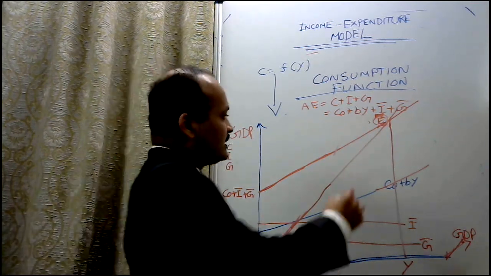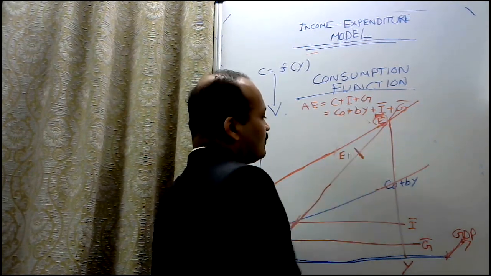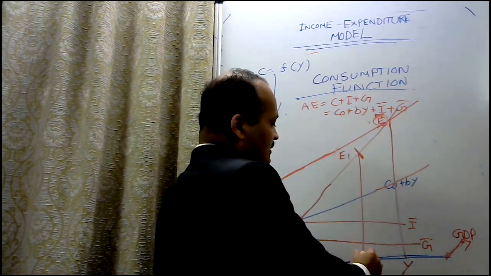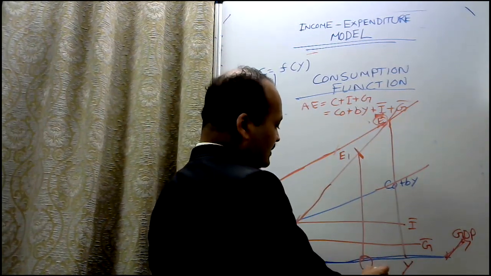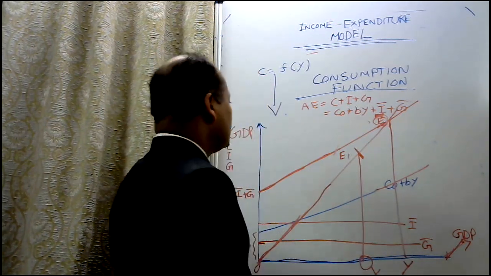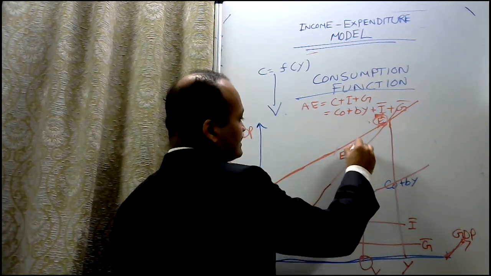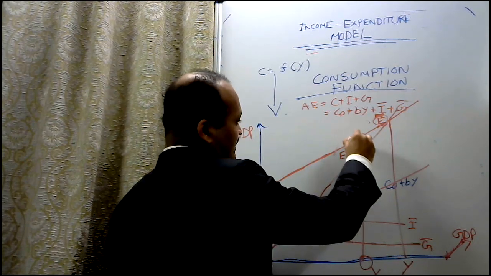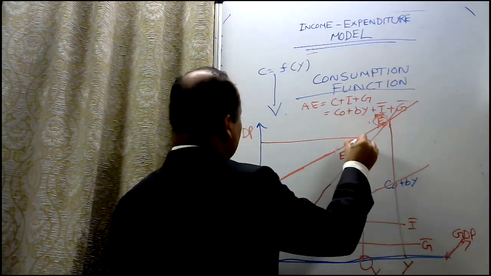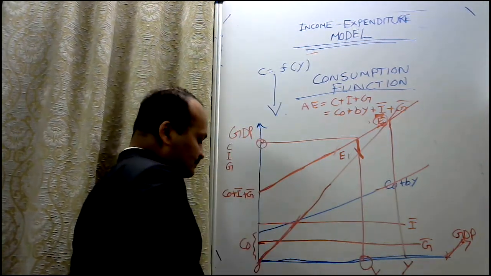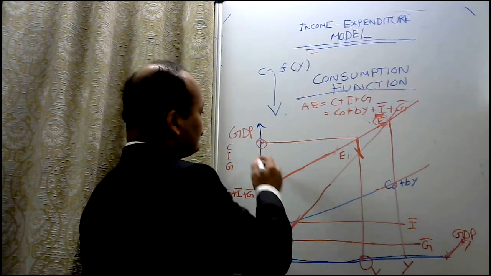Like if you are at a point like E1, what happens? The income that is generated in the production process is only Y1, but the expenditure that people are willing to incur at this E1 level of income is much higher, and which is given by this point. Suppose this is Y2.